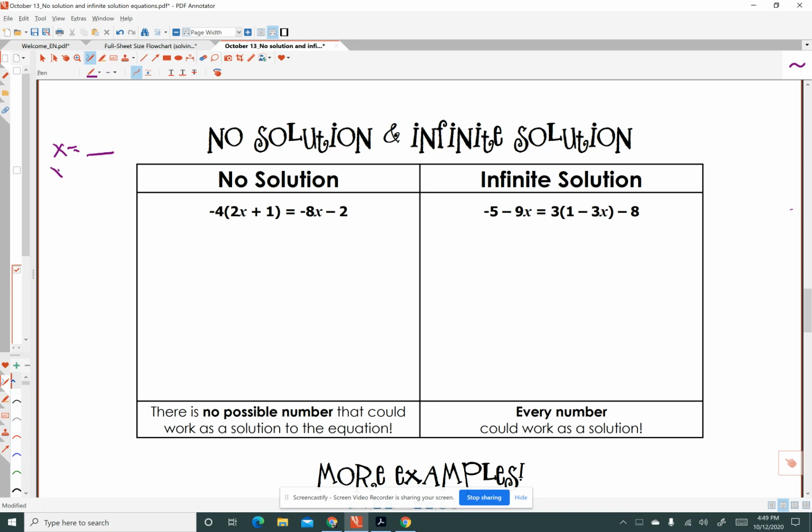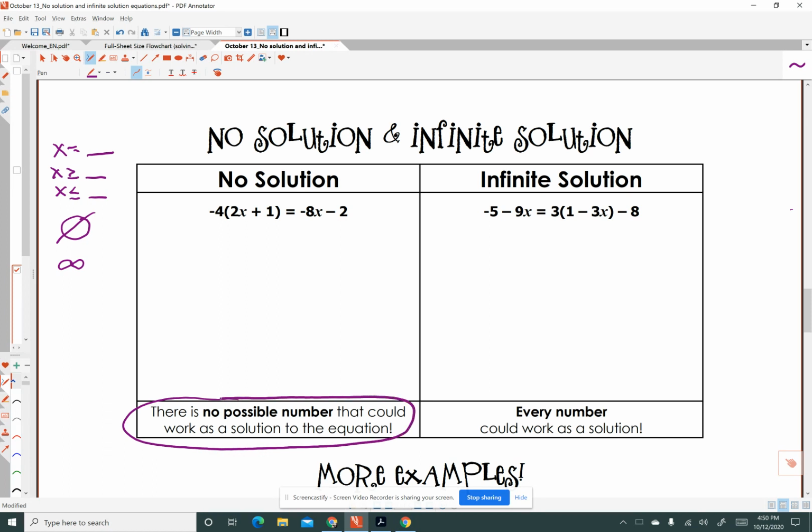Or we have x is greater than or equal to a number, x is less than or equal to a number. But here, we're going to have a solution that is either no solution, so there isn't a solution, or an infinite number of solutions. And what that means, students, is that there is no possible number that could work as a solution to the equation.